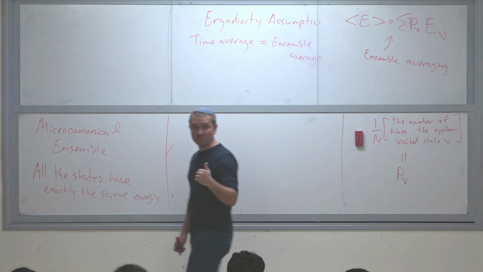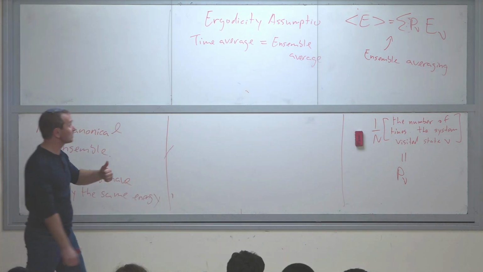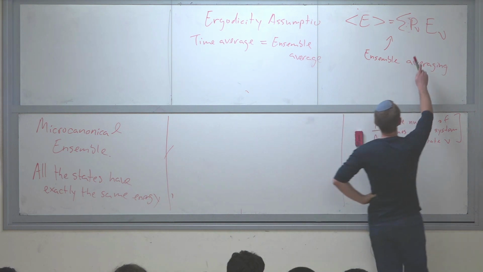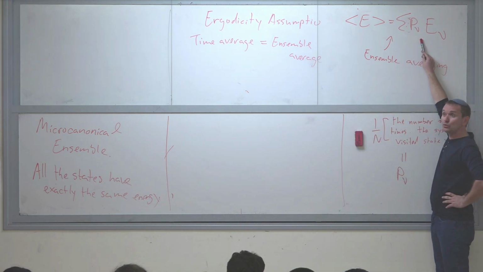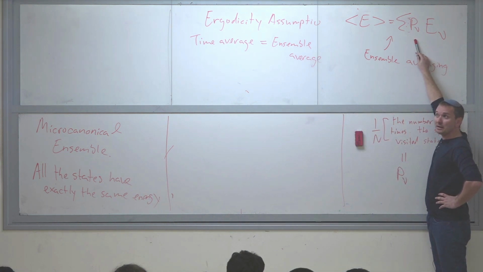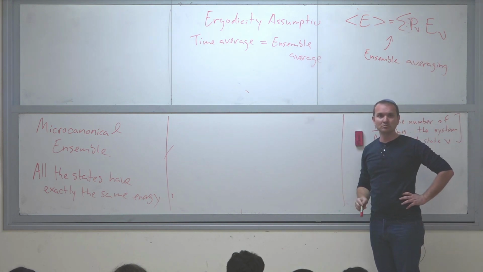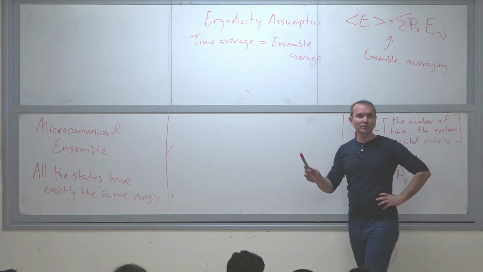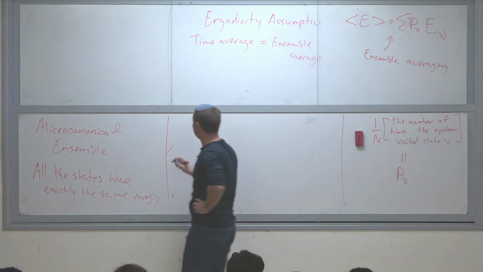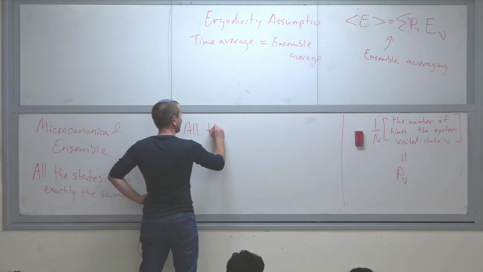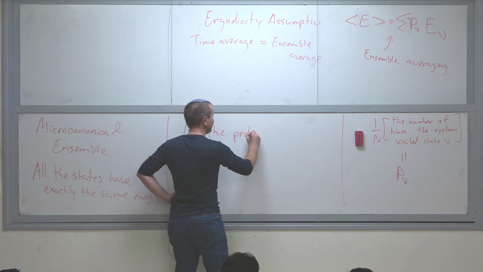We also assume another thing. Remember, here I must tell you something about the probabilities to find a system in a given state. For the microcanonical ensemble, it's very simple. All the probabilities P_mu of all the different states are exactly the same.